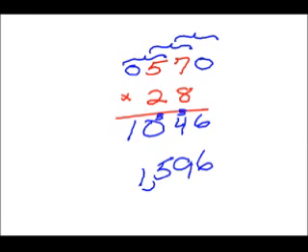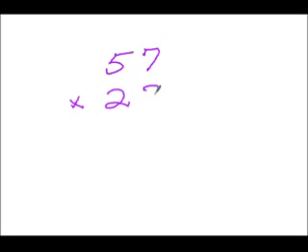Hoping that everybody got that answer. Alright, let's move on to another problem here. And I'm going to show you a different way of doing this that's a little bit faster actually. So let's go to a problem like, say, 57 times 28. Now, again, this is a problem and we're going to do it similarly to what we did before.